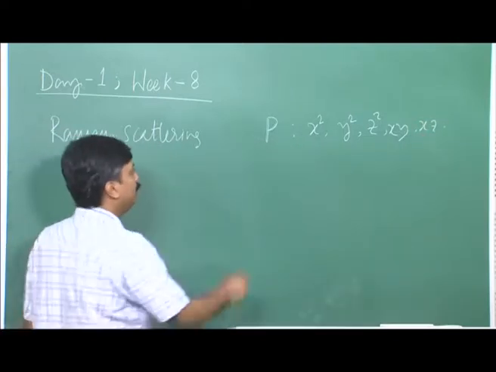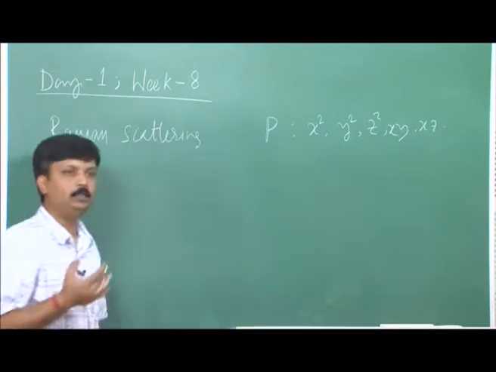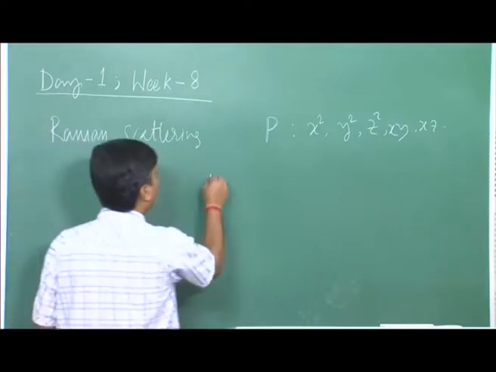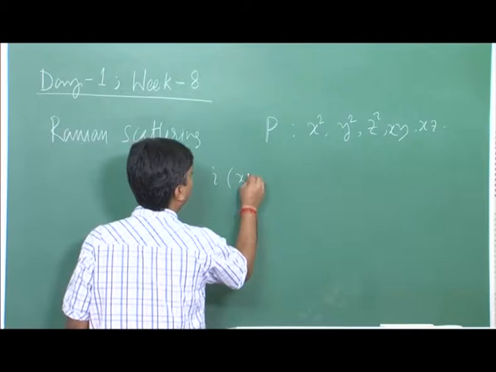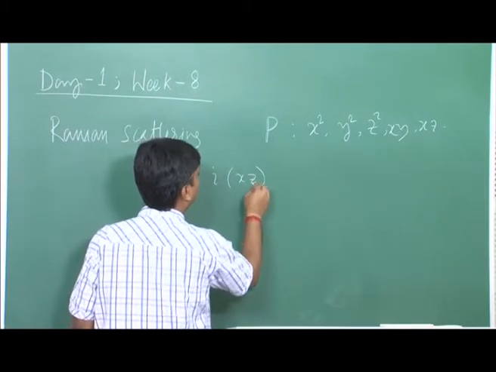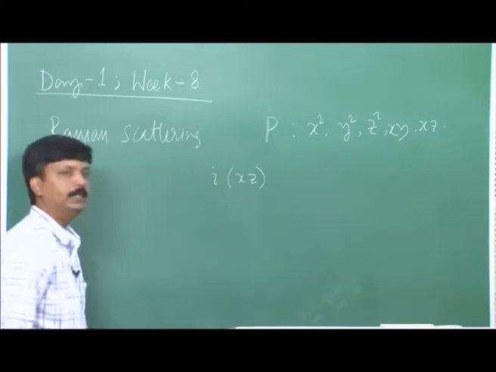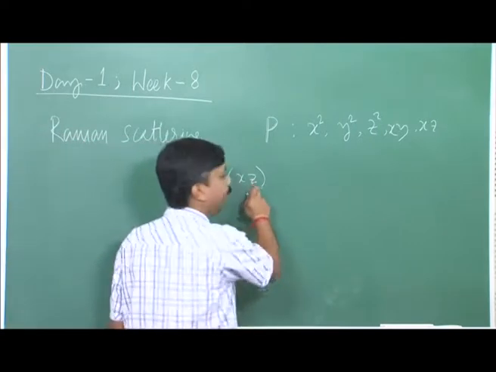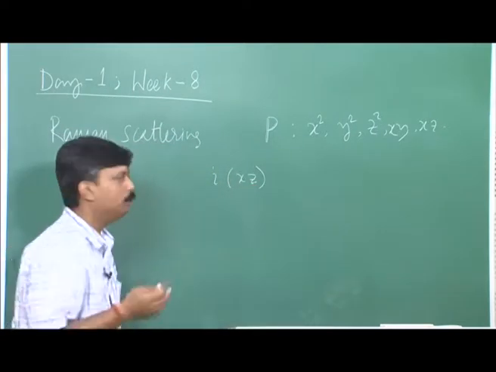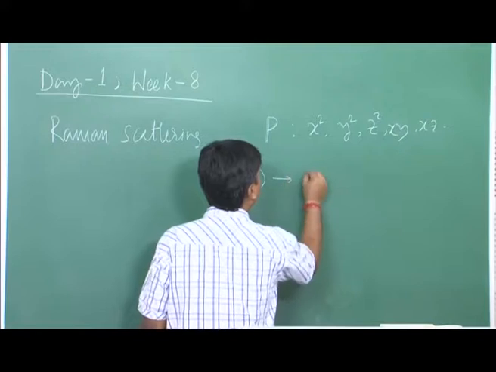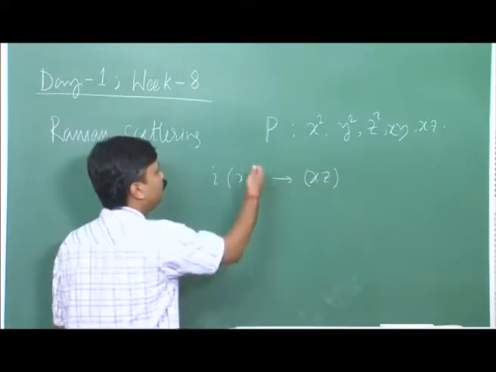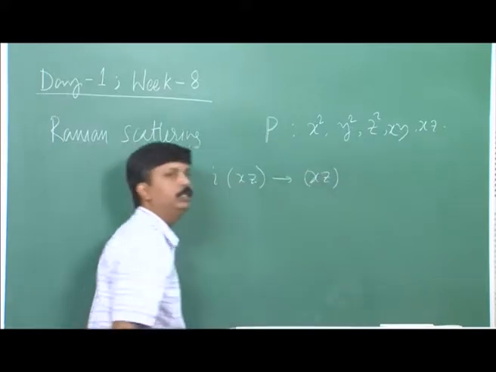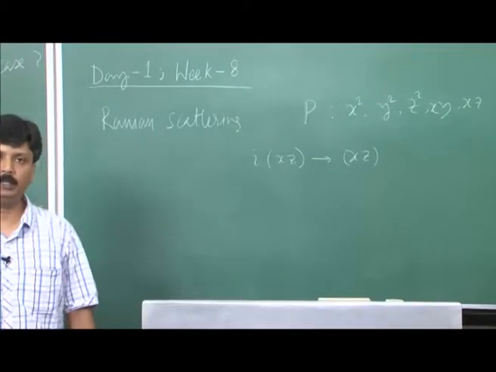Now, if I consider again a centrosymmetric molecule, and I operate inversion on any of these binary functions, say xz, both x and z will be inverted, but overall it gives me back the same thing. So this is true for any of these functions which form the components of the polarizability tensors.